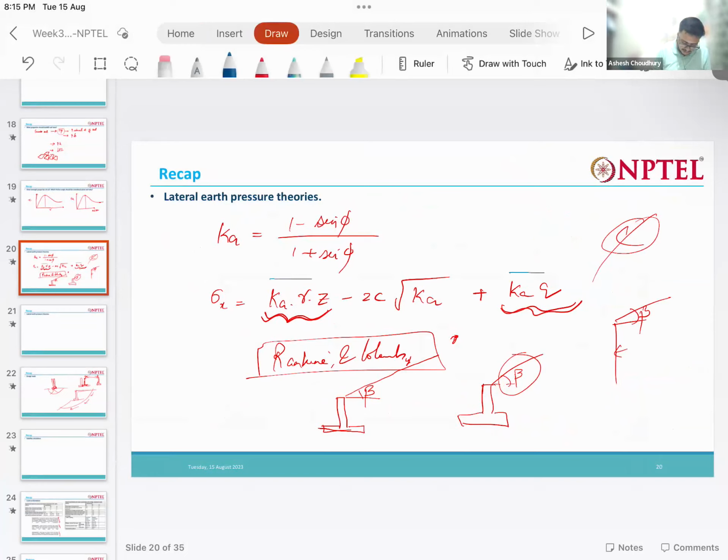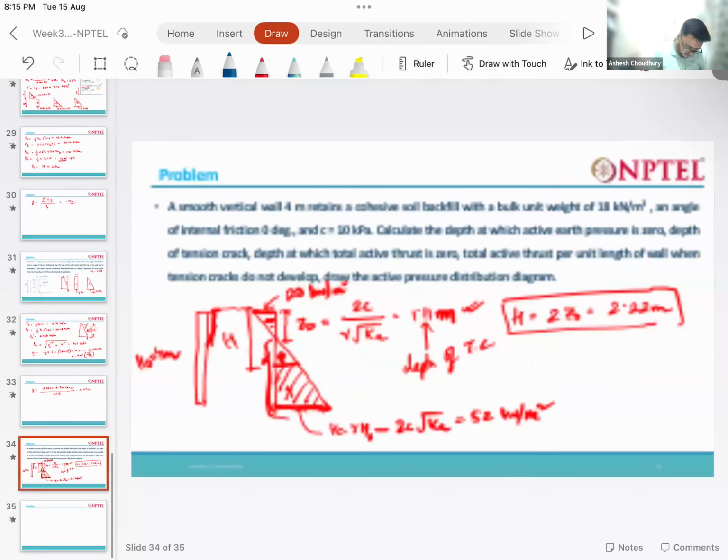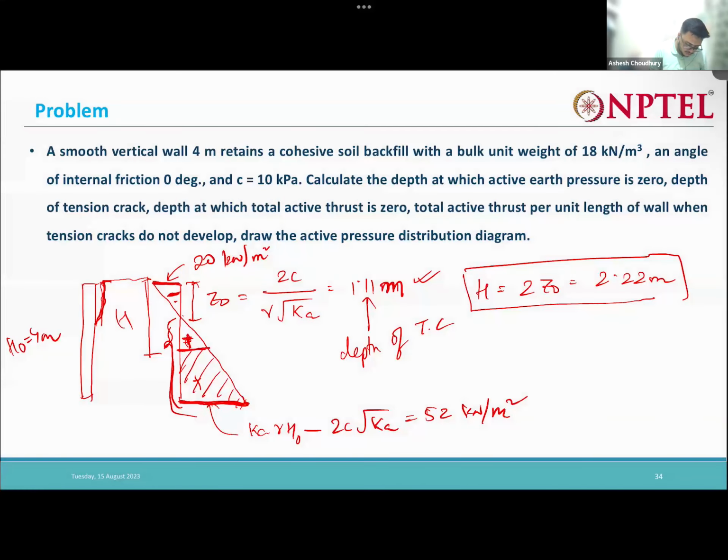Only this portion is there: minus 2c root K. Now if K is 1 and q is 0, then for our case, at z equal to 0, the earth pressure is minus 2c. Minus 2c is nothing but 2 into 10, which is 20 kilonewton per meter squared. So this much is 20, and this much is also 20.